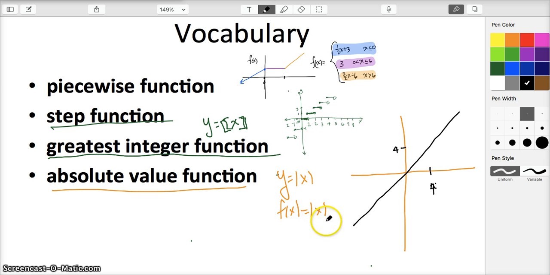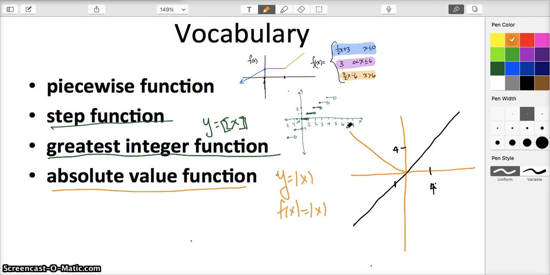You get the same tit for tat value that whole time. But when I put an absolute value around it, what I've now said is that y can never be negative. In fact, y will always be the positive counterpart of whatever value it is. So down here where x is, let's say, negative 3 and y is negative 3, I'm not going to have a negative 3 when I'm dealing with that y portion. I'm going to actually have a positive 3.